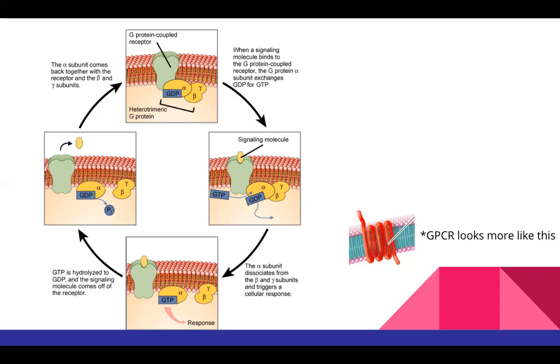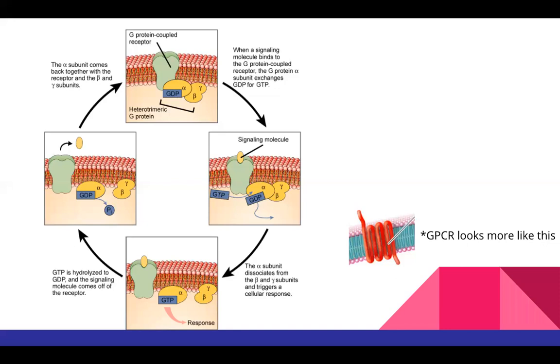And then GTP is hydrolyzed back to GDP, most likely through RGS, because that'll help further accelerate the intrinsic activity of the G alpha to hydrolyze. So RGS is like the GAP analog.